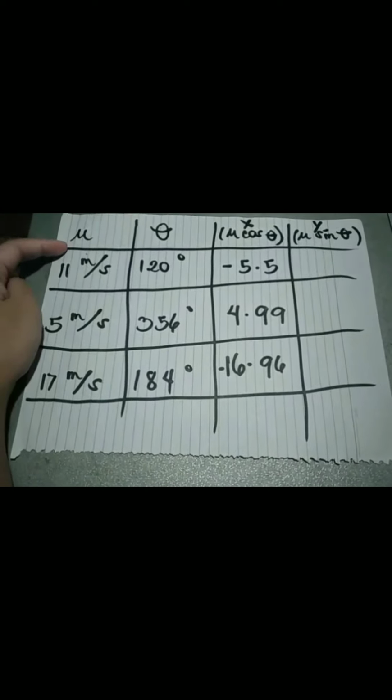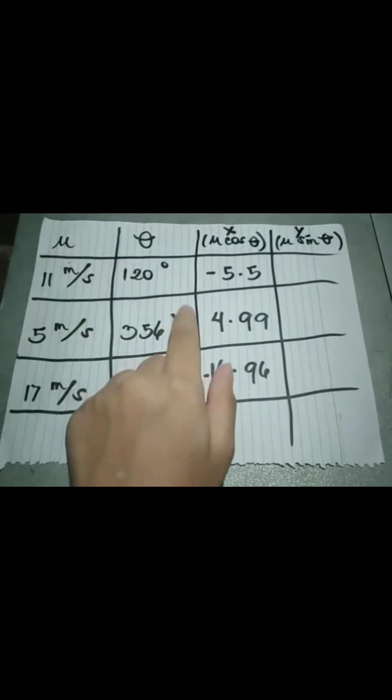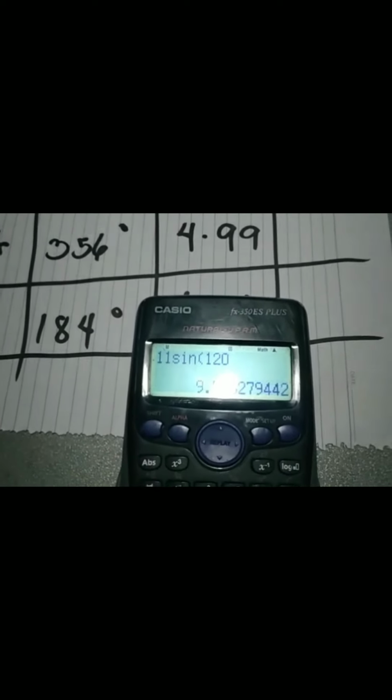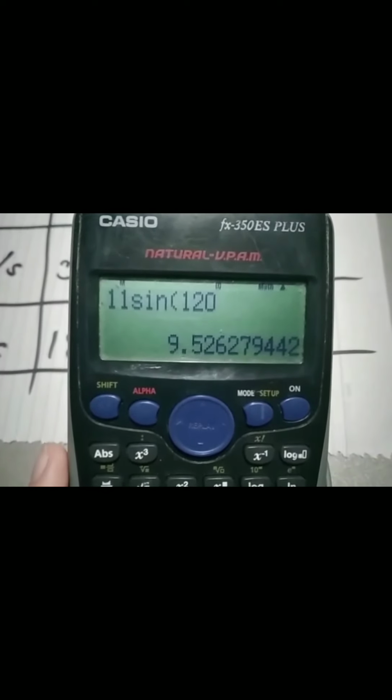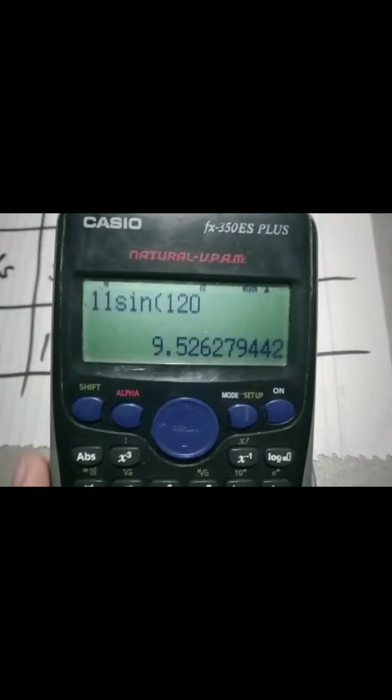So for example, the magnitude of my first vector is 11 and the angle is 120 degrees. Let us use our calculator. 11 sin 120 degrees is equals to 9.526279442 or 9.53. I just used the same process for the second and third vectors.